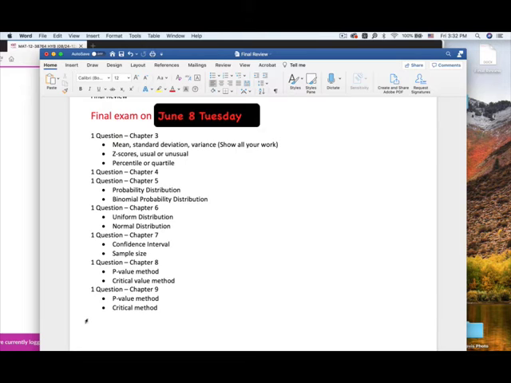And that's one question from chapter 9. The other, you want to know how to construct the confidence interval. And for this part, I want you to use the formula to show me all your work. You could review the midterm 3 solution.